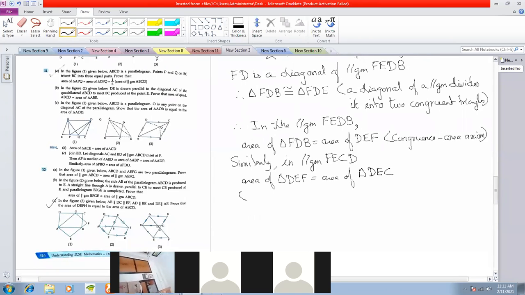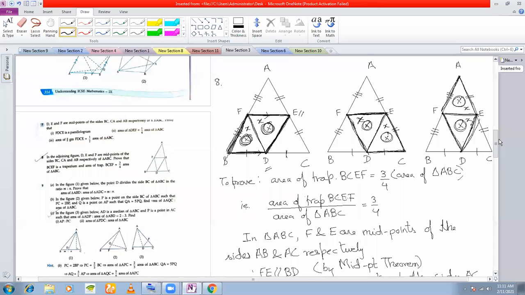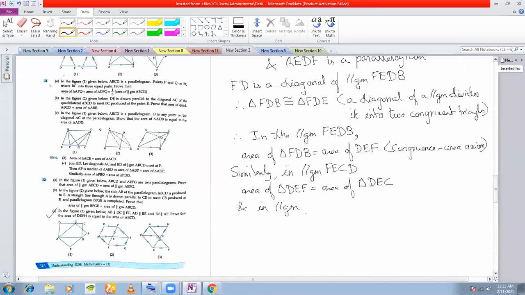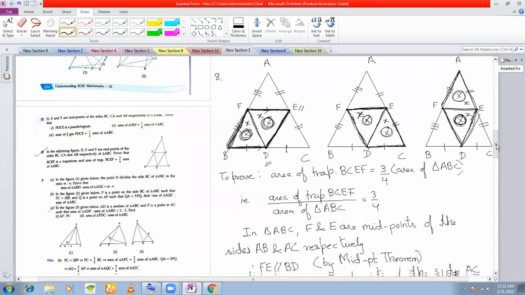And in the third parallelogram here, AEDF, area of triangle DEF, this triangle here, must be equal to area of triangle AEF.